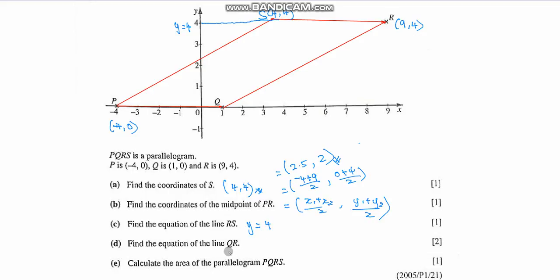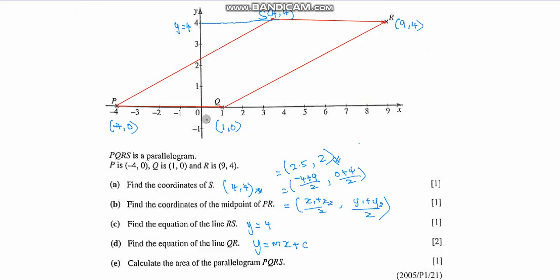Now, the equation of line QR is this and this. Q is given as 1, 0. To find the equation of QR, y equal to mx plus c. In this case, if you draw the line, it doesn't pass through minus 1.